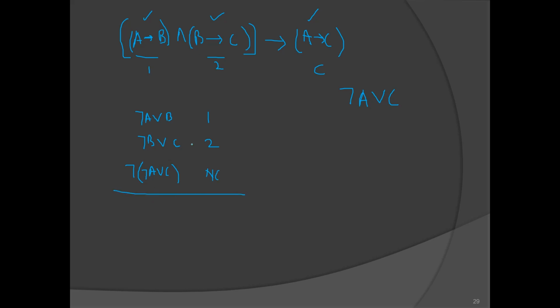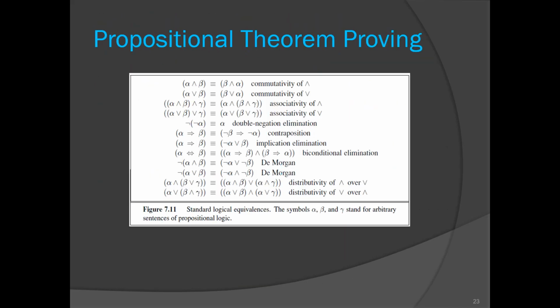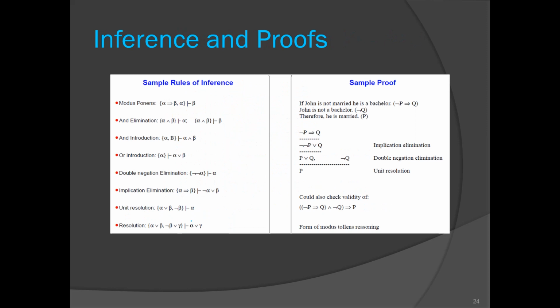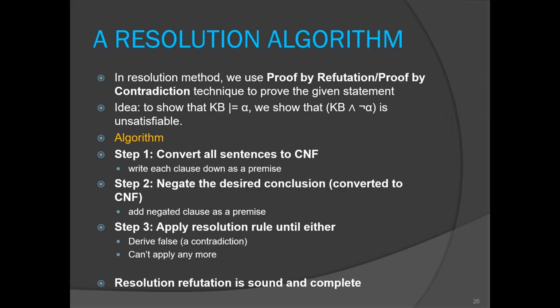Now let us apply the resolution law here. So now as you can see, let us revise the resolution law. This is the resolution law: alpha or beta, not of beta or gamma, implies alpha or gamma. So beta has the opposite sign.